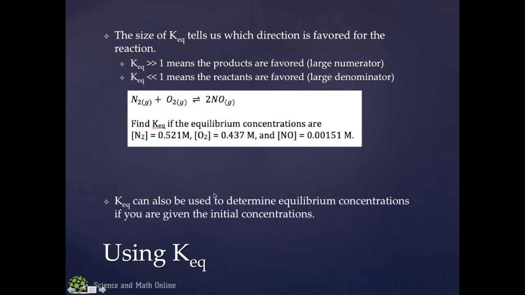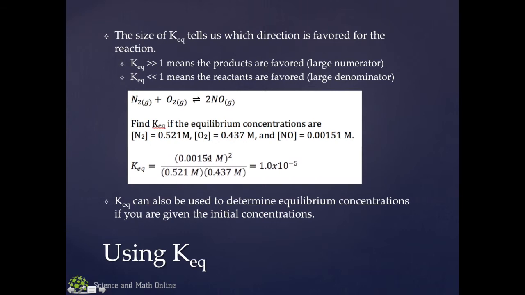The product is NO, so we take NO squared because of the 2 in front. The concentration of NO goes here, and then the reactants go on the bottom. Both of them have a 1 in front, so they don't have any exponents. So it's simply the nitrogen times the oxygen.